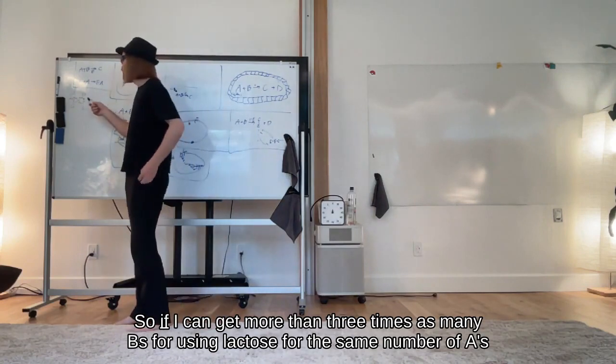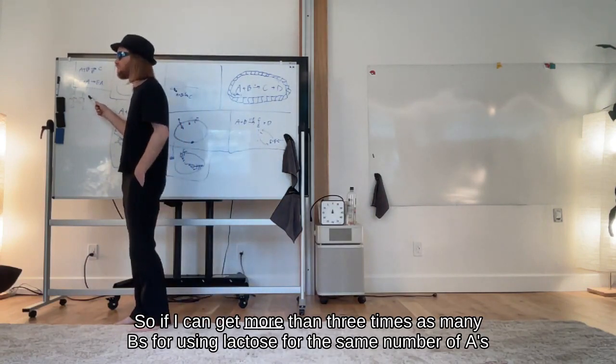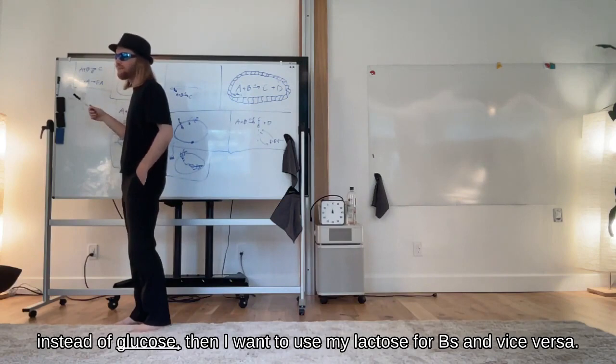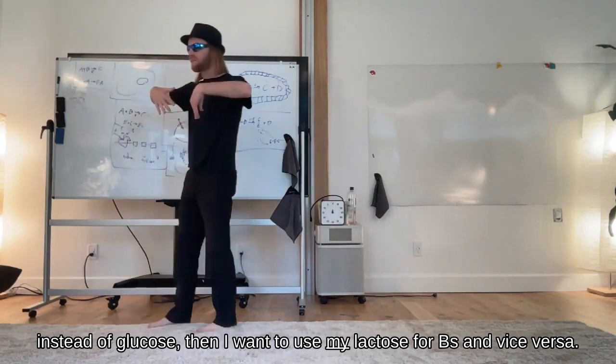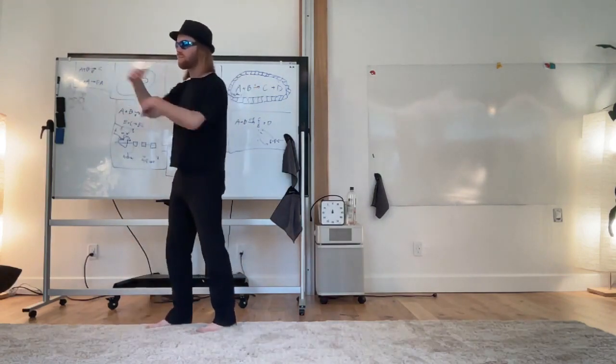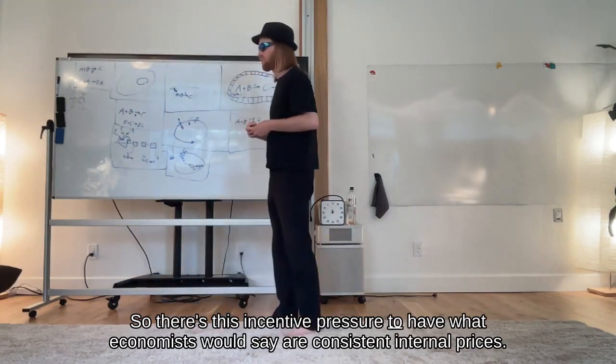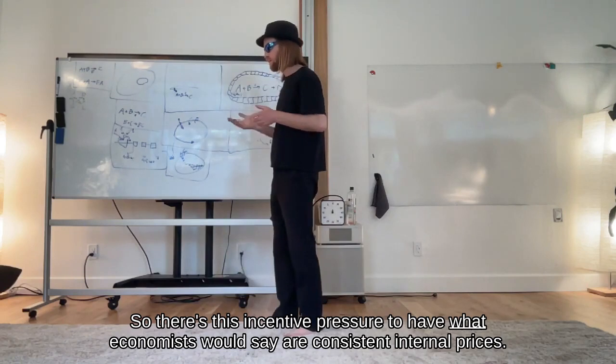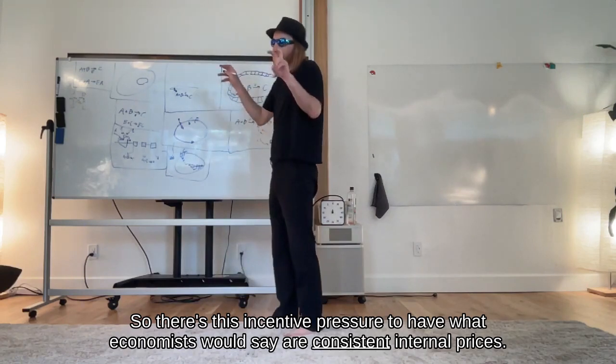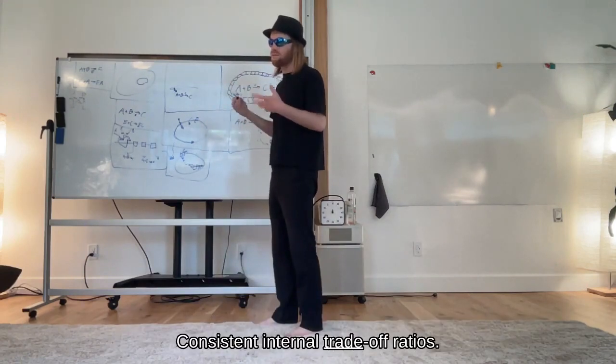So if I can get more than 3 times as many Bs using lactose versus the same number of As using glucose, then I want to use my lactose for Bs. Vice versa, right? So there's this incentive pressure to have what an economist would call consistent internal prices, consistent internal trade-off ratios.